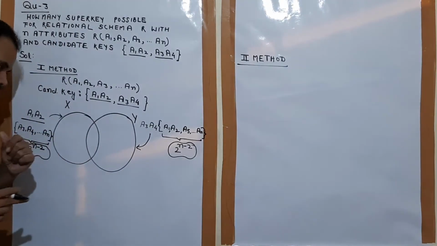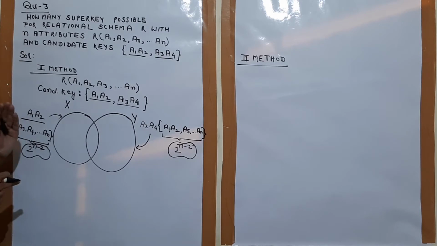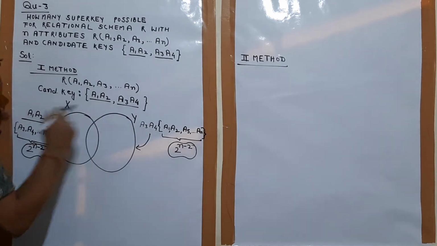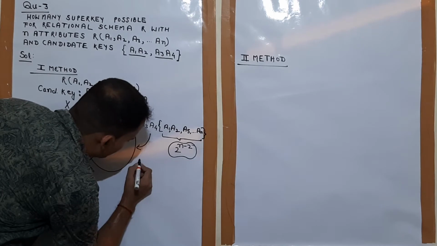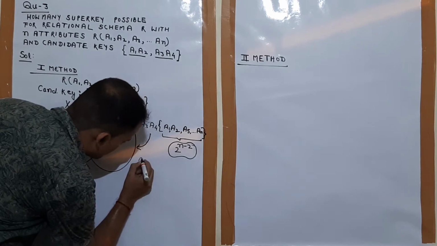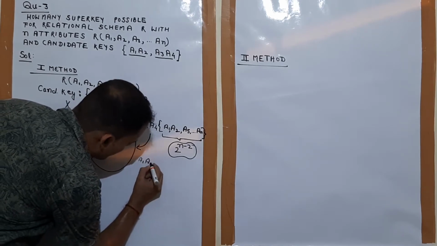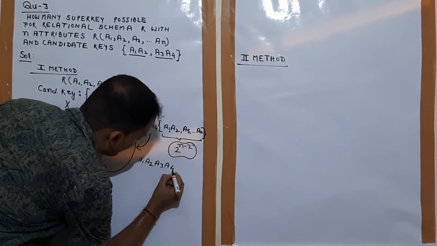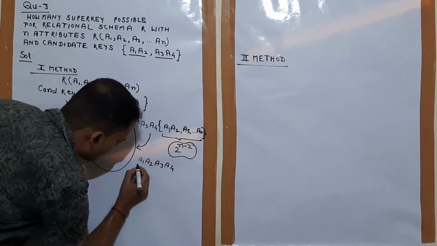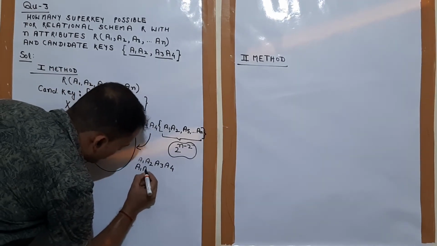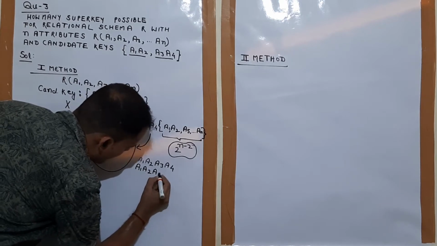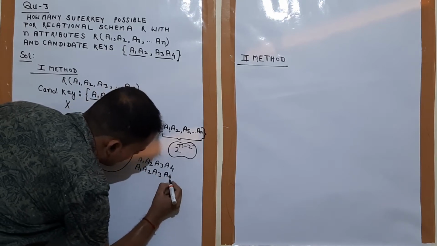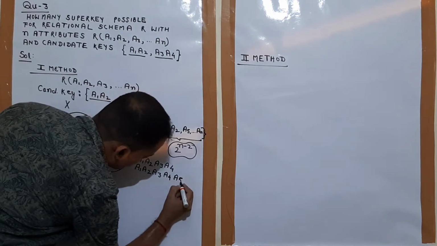Now see this. See here, A1, A2, A3, A4, and A1, A2, A3, A4, A5.